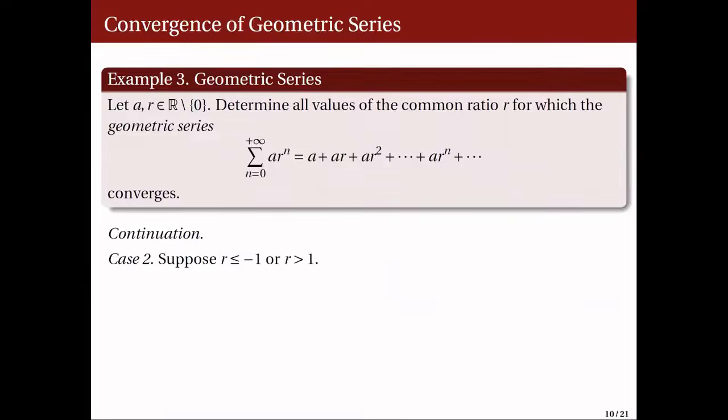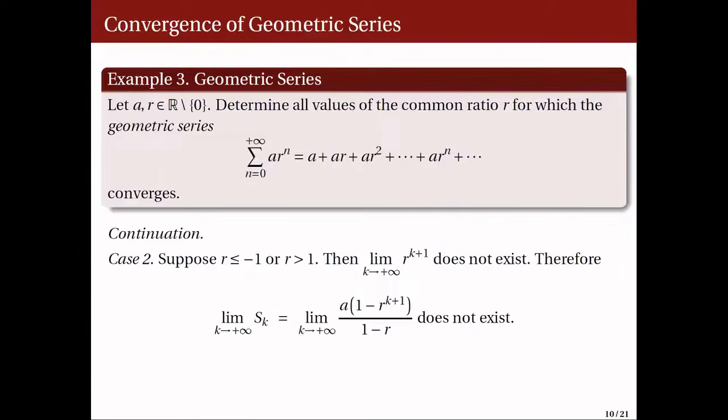On the other hand, suppose that r is either less than or equal to -1 or r is greater than 1. Then, evaluating the limit of r raised to k plus 1 as k goes to infinity, we observe that this limit does not exist, since the magnitude of r will increase without bound as k goes to infinity.